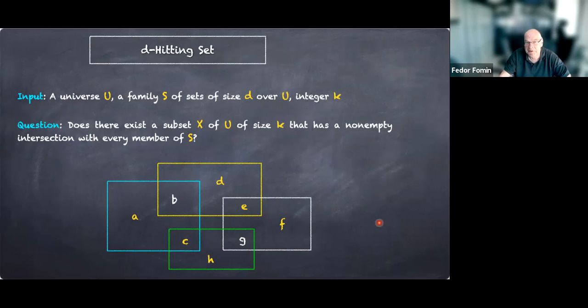And the question is, does there exist a subset X of U of size k that has a non-empty intersection with every member of the family? And here I have an example of 3-hitting set, so all sets are of size 3, and it has a hitting set of size 2. So B and G hit all the sets in this family.